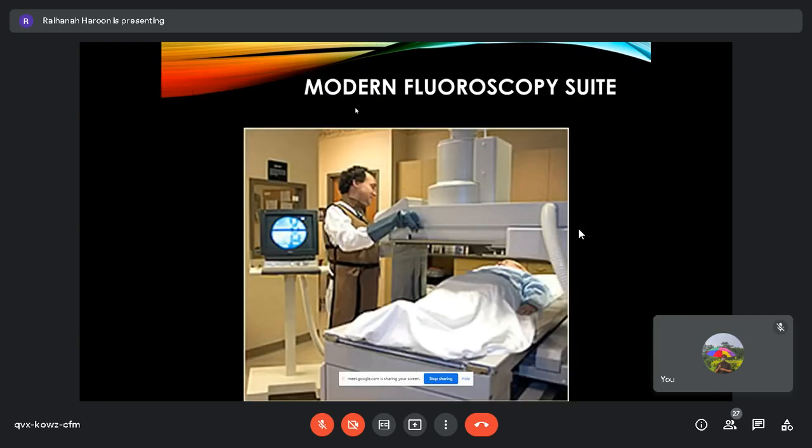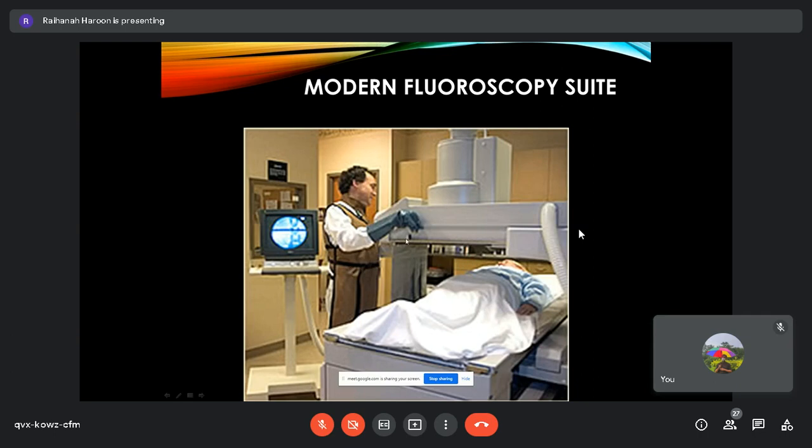So this is a modern fluoroscopy suite, as opposed to what you saw in the previous, more ancient images. The operator must wear a lead gown because he himself is exposed to the patient. There will be a screen, and whatever he captures will come up here, and he will decide whether to move this up, down, backward, forward, left, right.